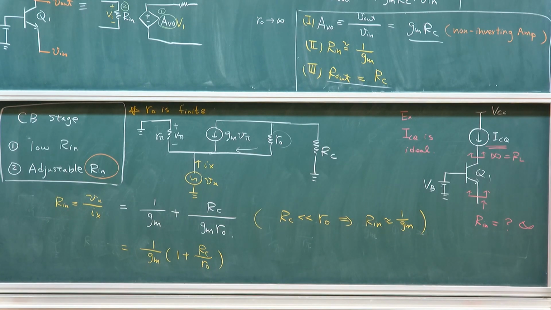Once again, it's non-inverting. There's no minus sign. So input resistance is approximately 1 over GM. I'm just going to give it an approximate number. And the output resistance is RC, based on the results. So for more sophisticated consideration, if I'm assuming RO is included, and when RS is not equal to 0, then you would have the impact, even though there's an effect of RO, but it's negligible.